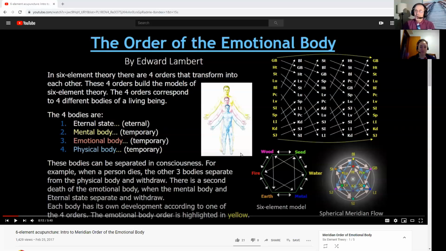So that's why you get these four bodies: the eternal state, which is like the zodiac around the sphere. And then that projects three states for our personalities: a mental body, an emotional body, and a physical body. So these four bodies are like four transitional states for that structure. So even mathematically, it makes sense to have four transitional states.